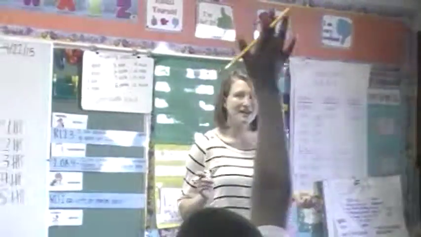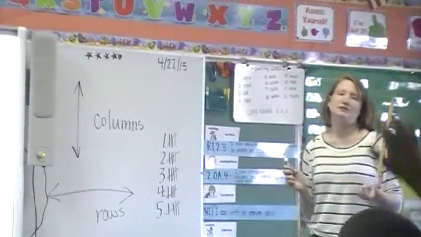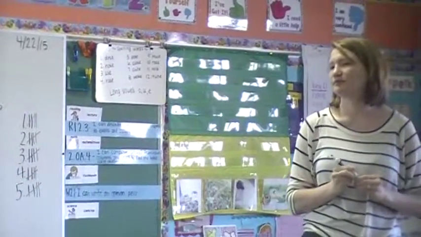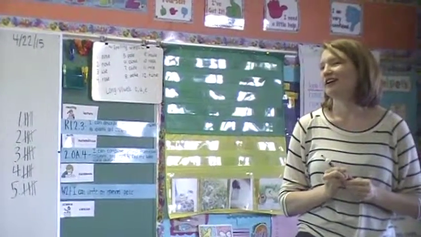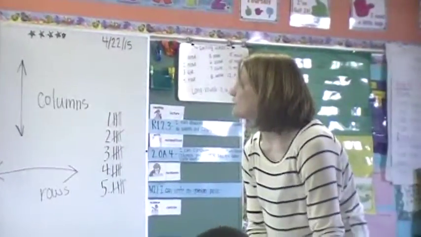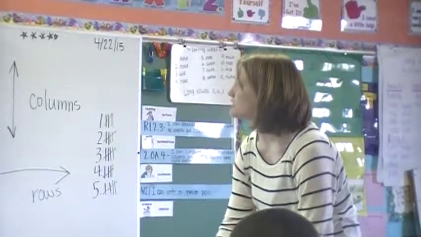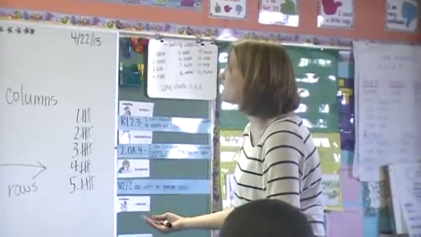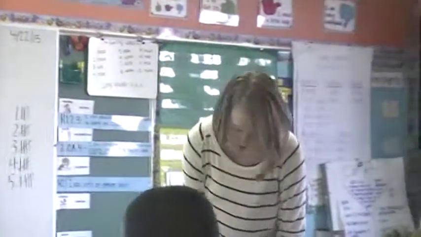Abdi? Okay, I just switched them around. I just switched them into different groups. I just changed the rows for columns. It's the same. Very good.